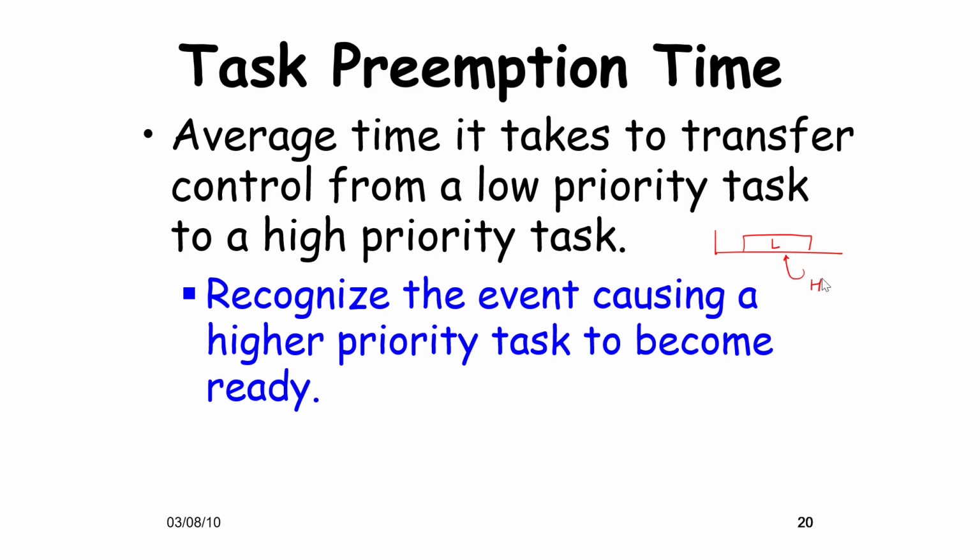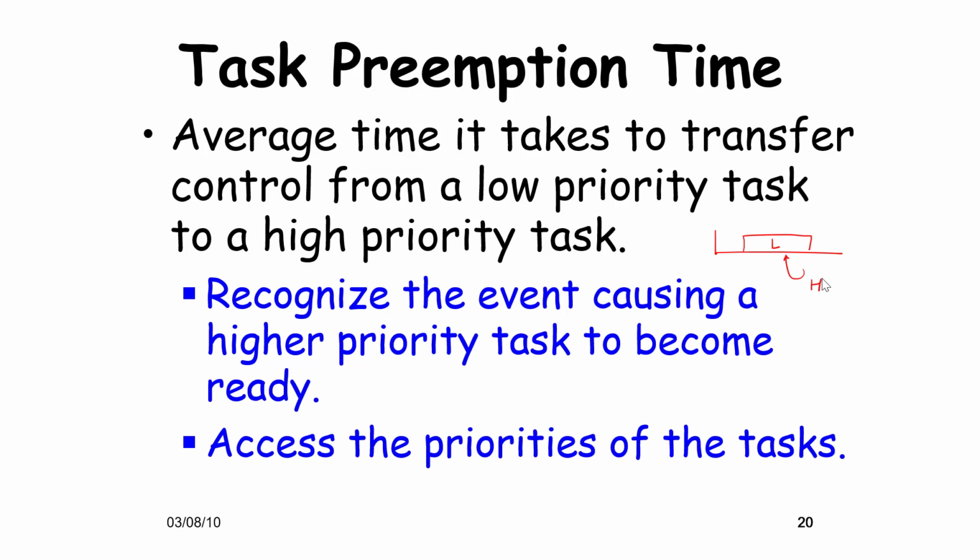So, we have to recognize an event that is causing a higher priority task to become ready. The moment it becomes ready, we need to stop and preempt, right? And so, for that, we need to have a quick way, a quick data structure. Recall, we have discussed this in the EDF and RMS chapters of how we actually organize or manage or store the priorities of the tasks.